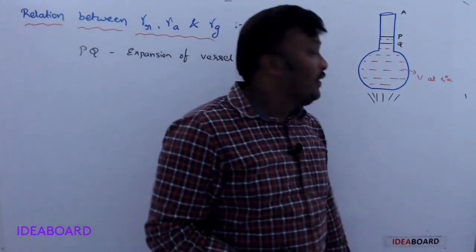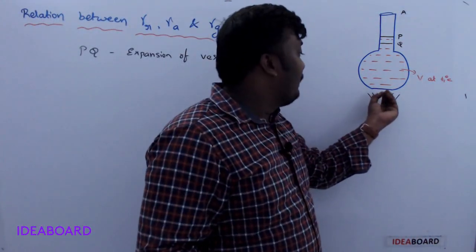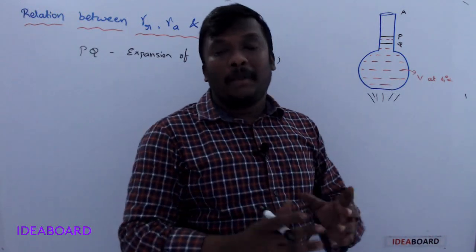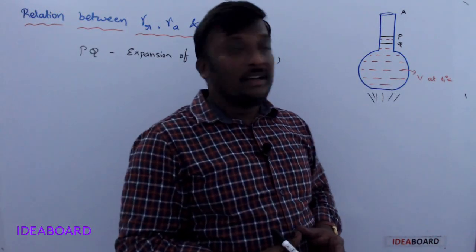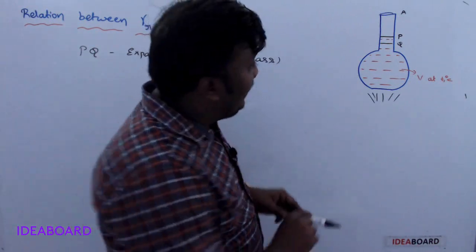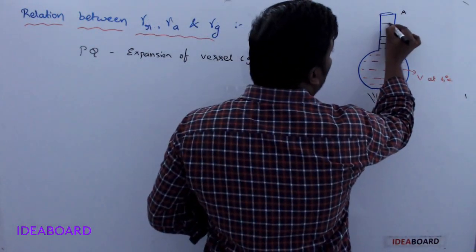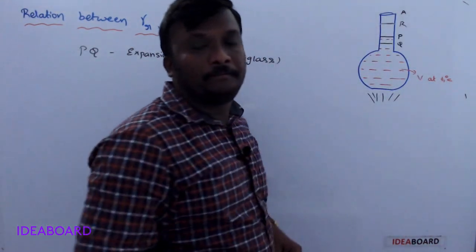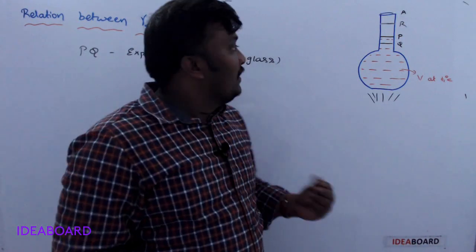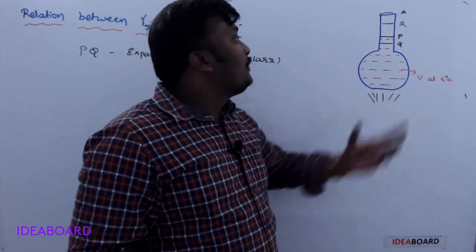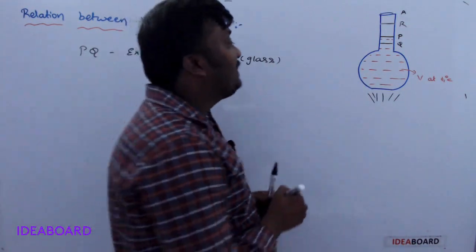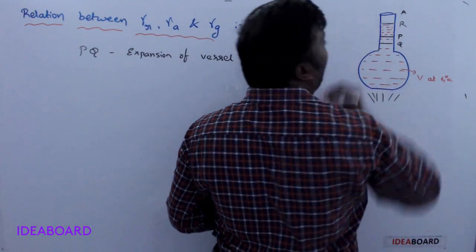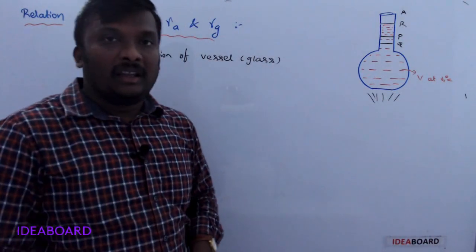Now after some time, the liquid also expands. We know the expansion of liquid is much greater than the expansion of solid. That's why the liquid now rises to this level, called R. So after some time, the liquid also begins expanding, and that's why the liquid rises to the level R. Clear now?